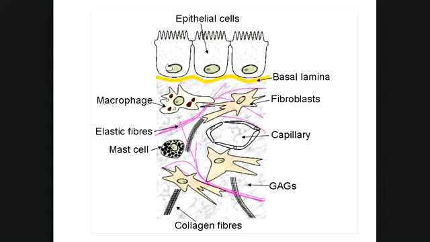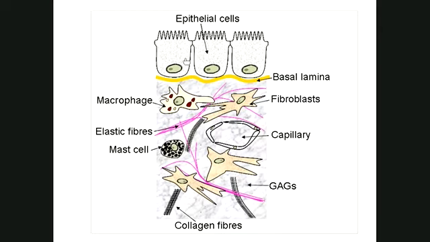What are the differences between epithelial tissue and connective tissue here? If you pay attention, first you see that in the epithelial tissue, all of the cells are the same. But in connective tissue, you have different types of cells. In epithelial tissue, the cells are connected together by cell junctions, and we don't have extracellular matrix between them.